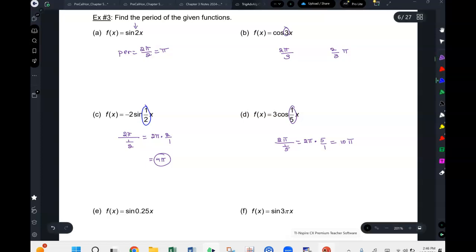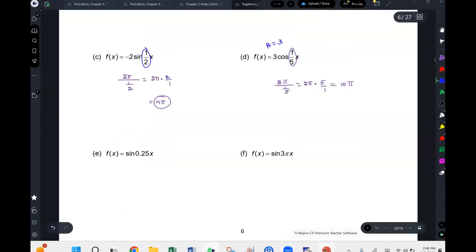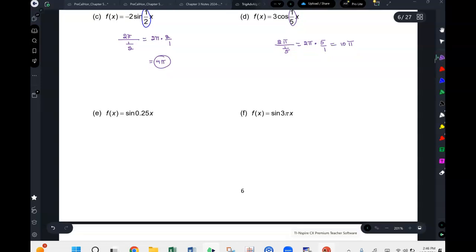Okay, so in this problem D, what is the amplitude? 3. In D, the amplitude is 3. Okay, so here we go. Right here, I have sine of 0.25x. So that's going to be 2 pi over 0.25. That's not okay.